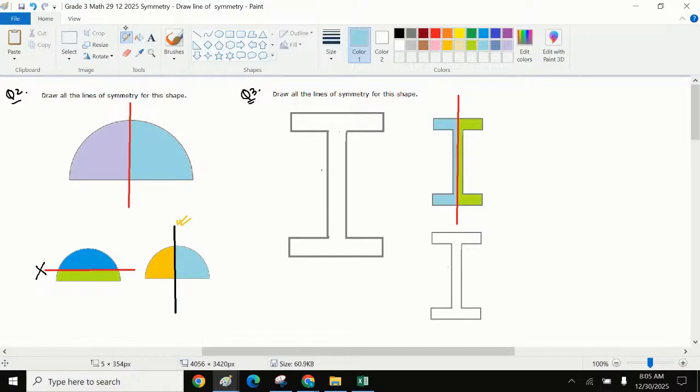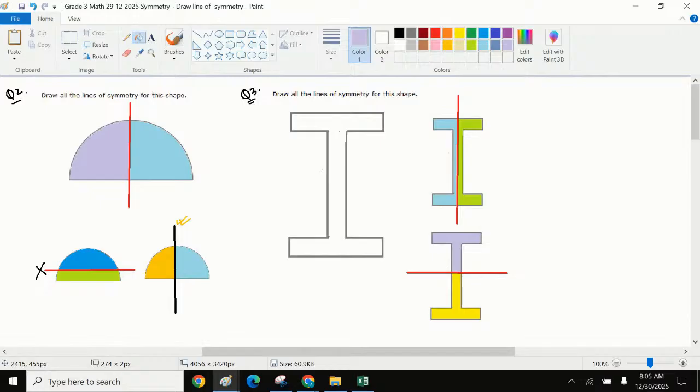Do we agree? Or if I draw a horizontal line, can I say the shape below the line is exactly the shape above the line, right?